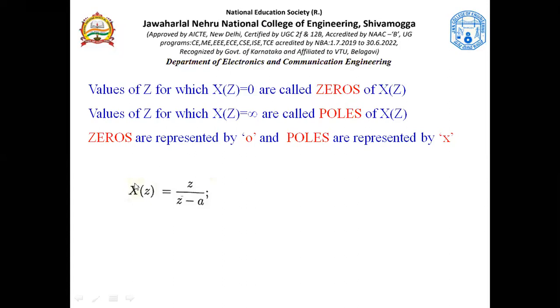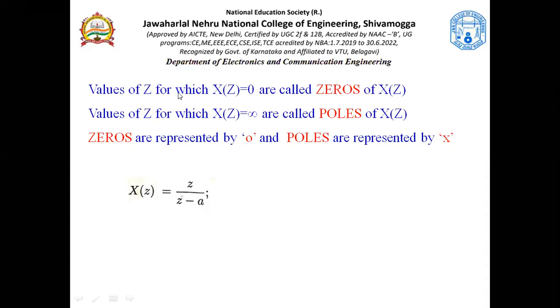For what values of z is x of z 0? For z equal to a, what is x of z? If z is a, it's a minus a, that means it is a by 0. It would be infinity.